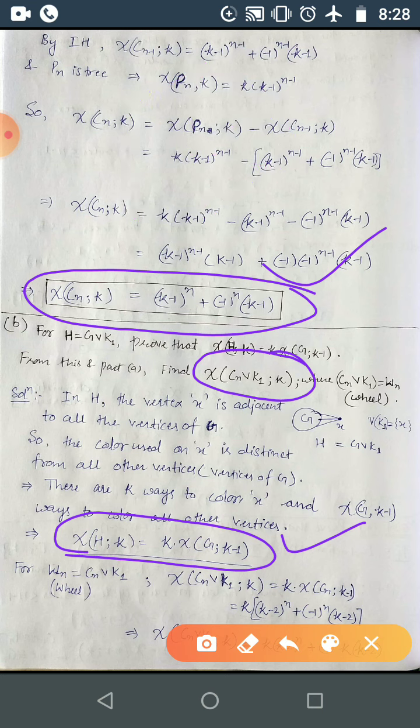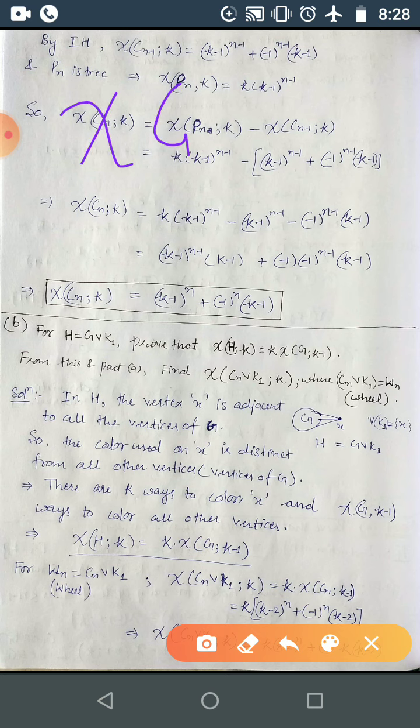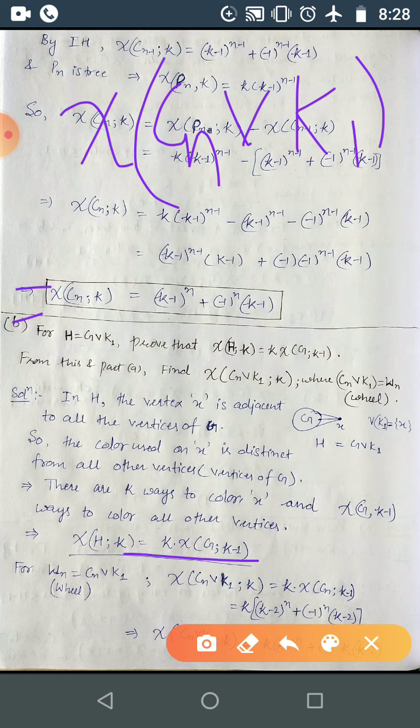So here, the chromatic polynomial for Cn join with K1, by this result, will be K into the chromatic polynomial for G, which is Cn here, correct?